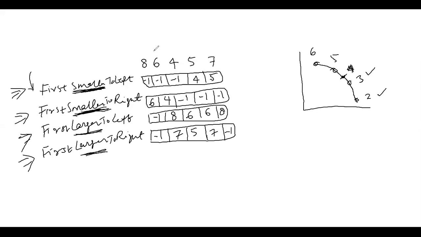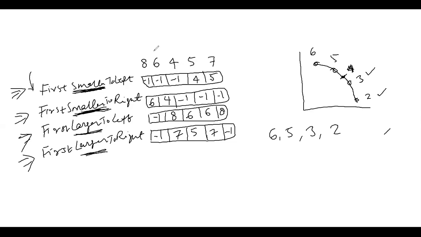When 4 gets inserted, the important information 4 can make is who is the first larger to my left. Who will be the first larger to 4's left? It is 5, whichever was on the stack top. So this was the configuration 6 5 3 2.